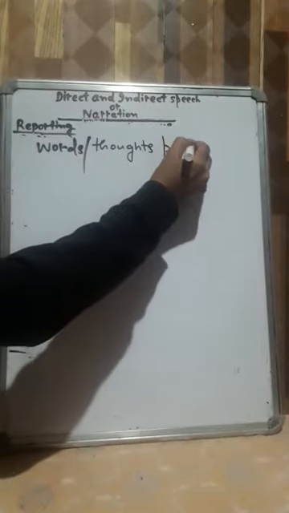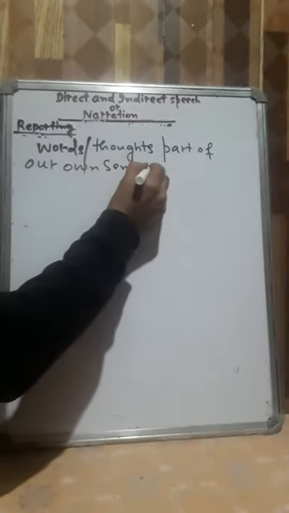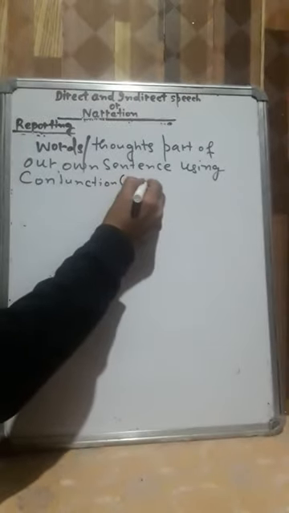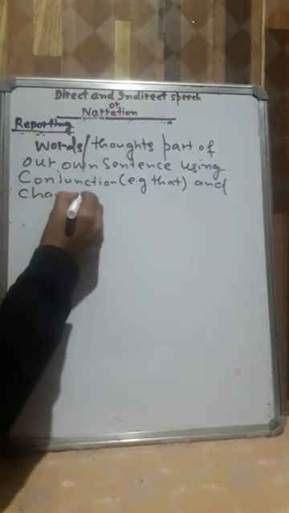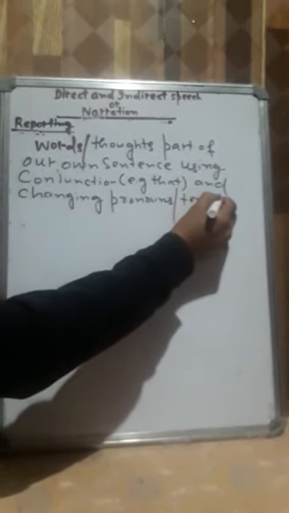So we can make a speaker's words or thoughts part of our own sentence using conjunction, for example, that, and changing pronouns, tenses, and other words where necessary.